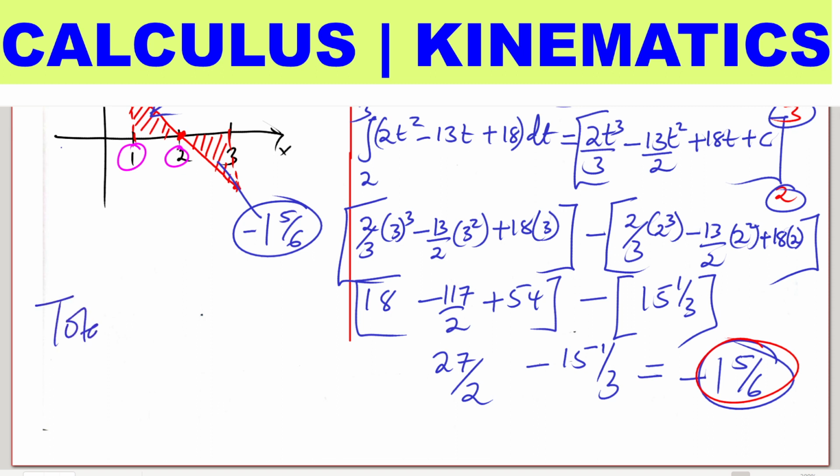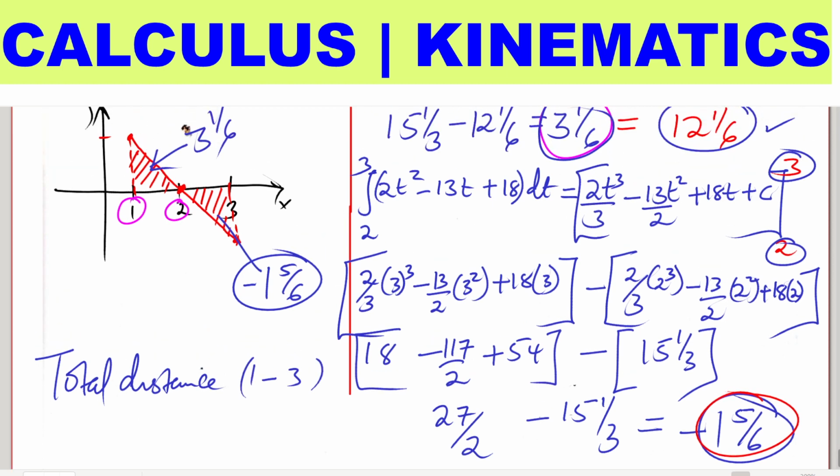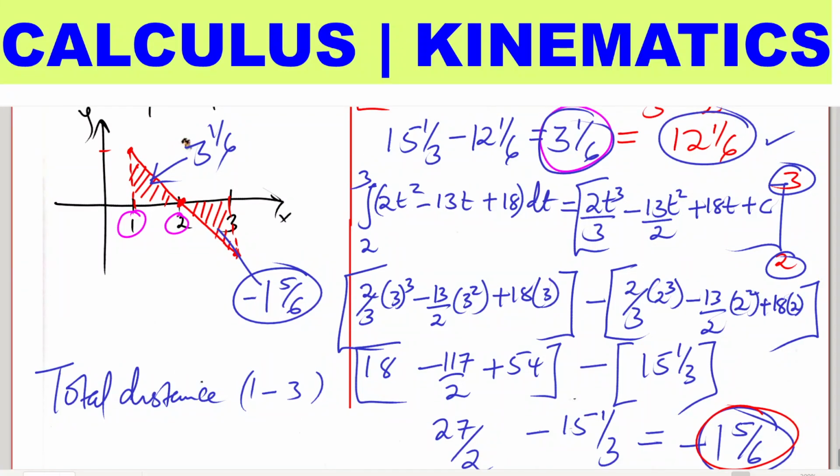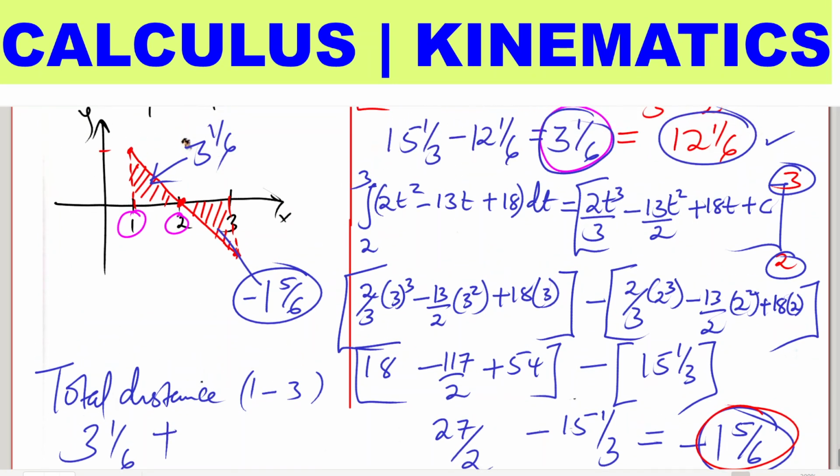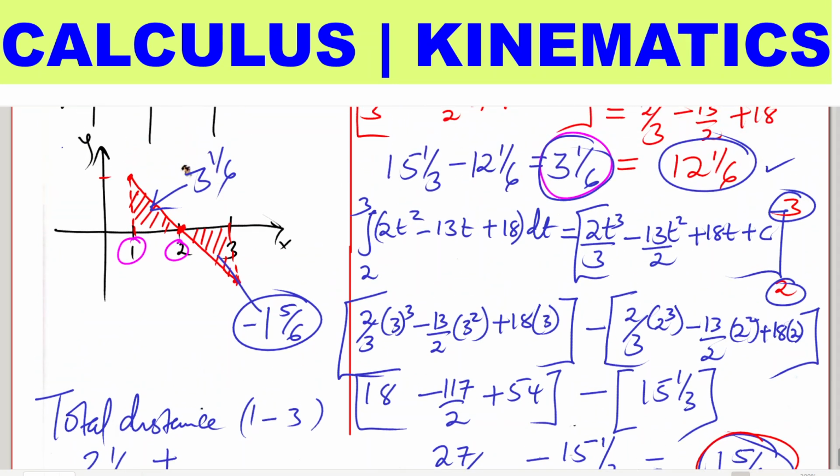Therefore, the total distance between 1 to 3 seconds. We have done it in parts. So from 1 to 2, we have 3 and 1 over 6. Then plus, you notice that the distance between 2 and 3 is negative.